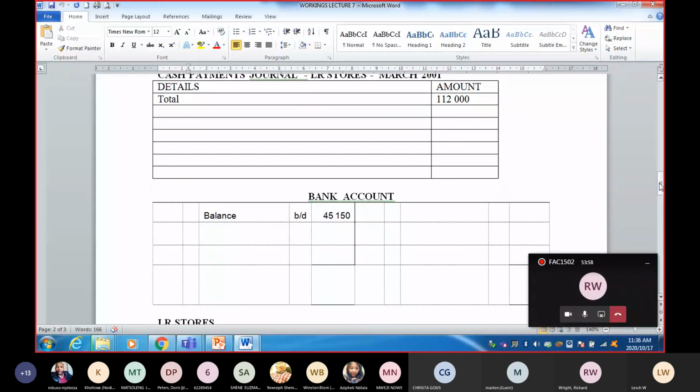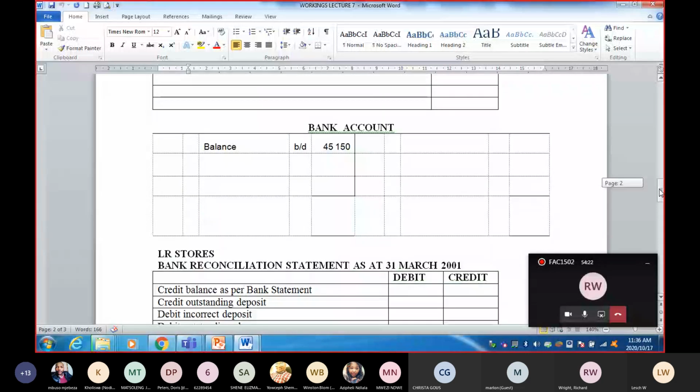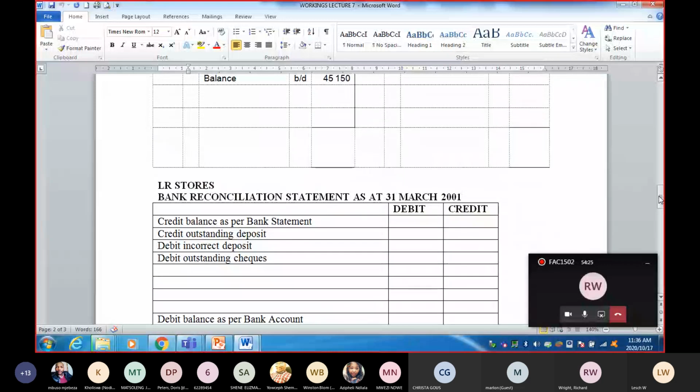Your bank account has an opening balance, which you will get under additional information number 1. On the 31st of March, the bank account in the ledger had a debit balance of 45,150. Now go to your bank reconciliation statement.